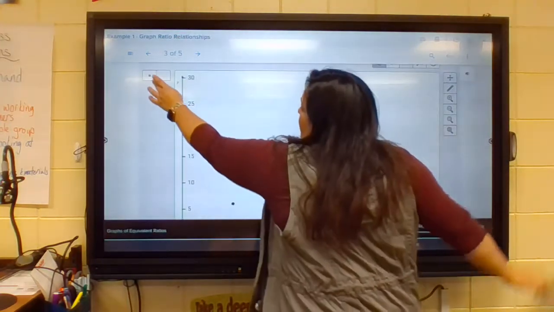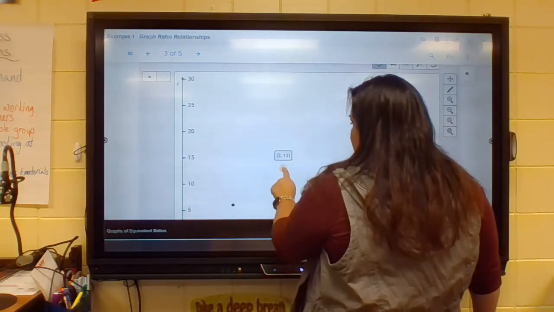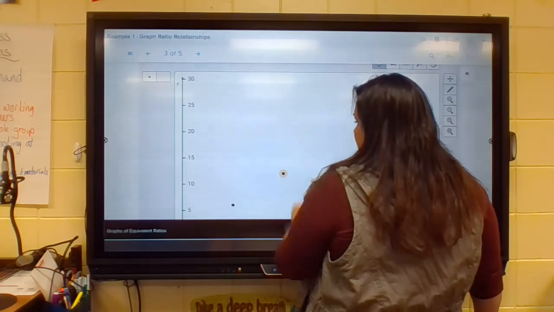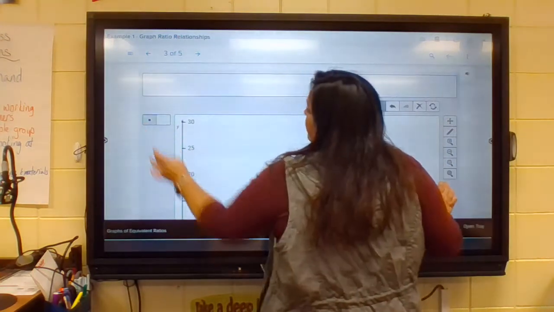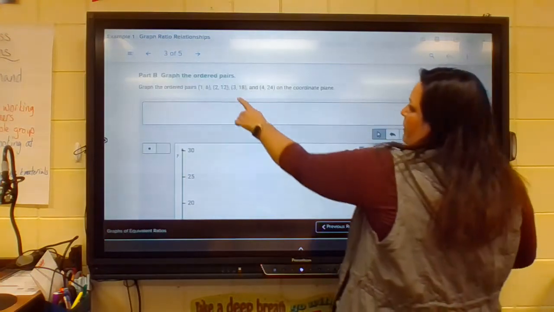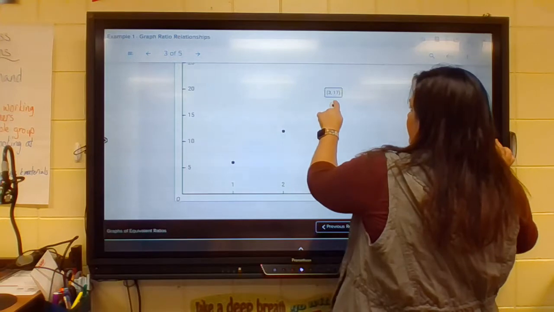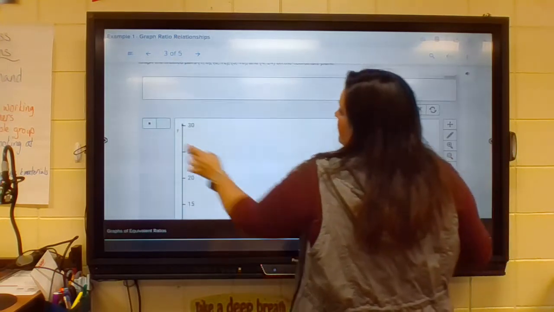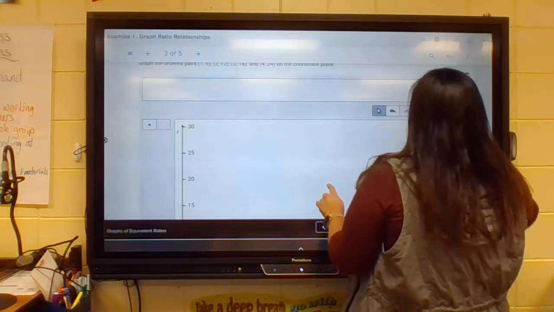Then we have 2, 12. So I'm going to put it at 2, 12. There's our next point right there. If we look back, we have 3 and 18. That goes right there. And finally, we have 4 and 24.